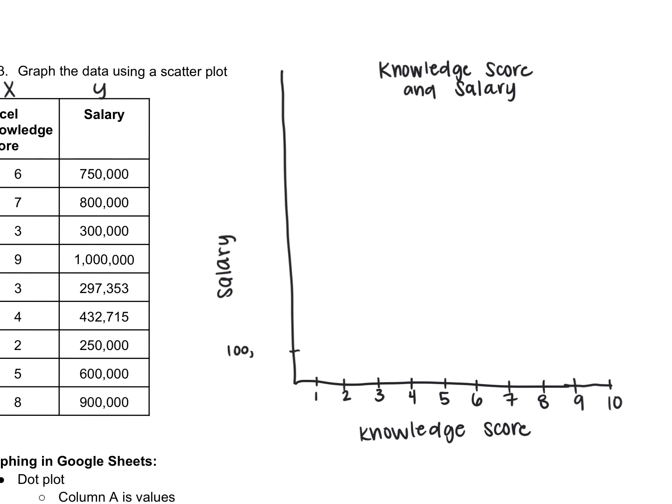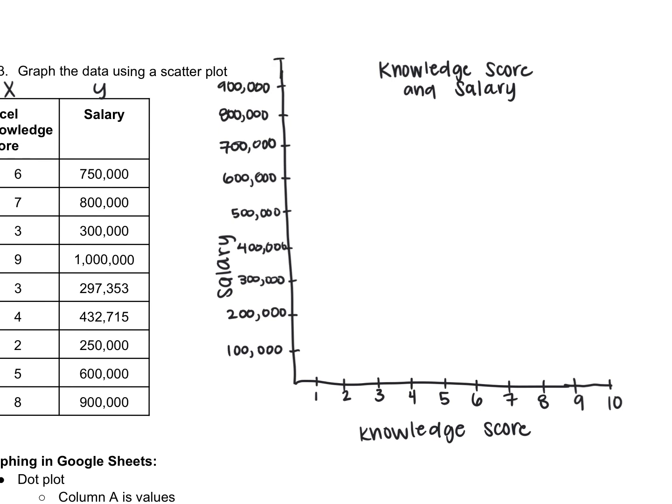So I'll have 100,000, 200,000, 300,000, 400,000, 500,000, 600,000, 700,000, 800,000, 900,000, and then my last one would be 1,000,000.